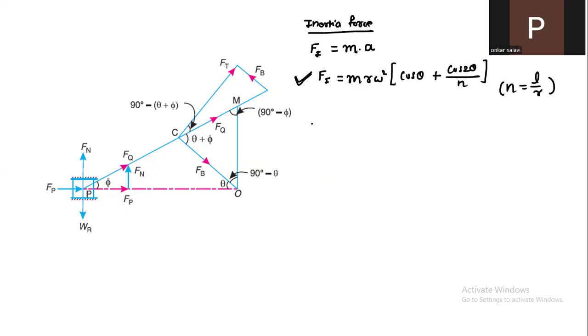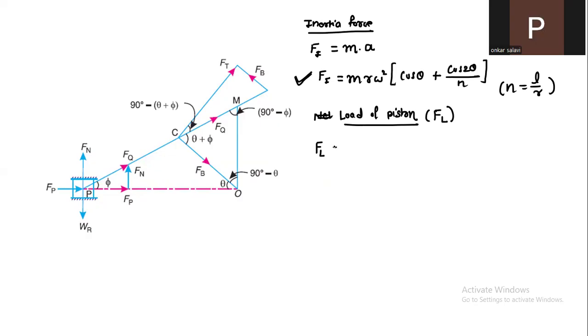The second formula we should know is about the net load, the load on the piston. This load on the piston is because of the combustion, and it is represented as FL.